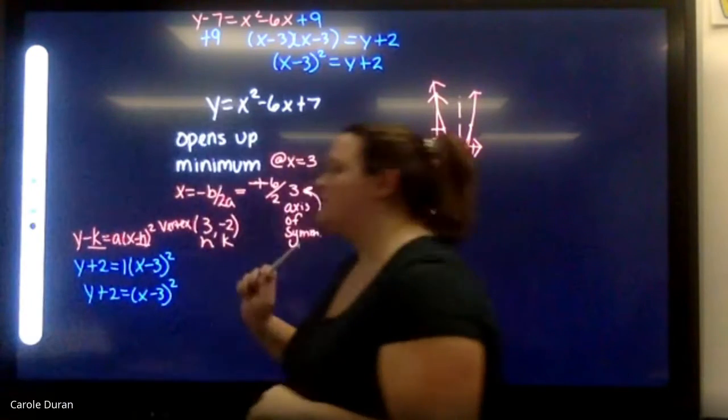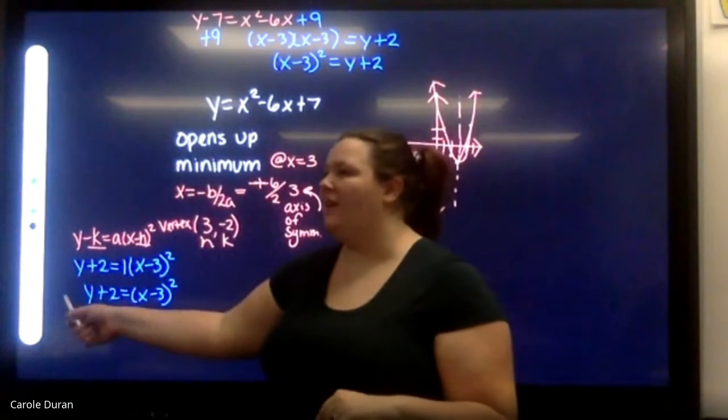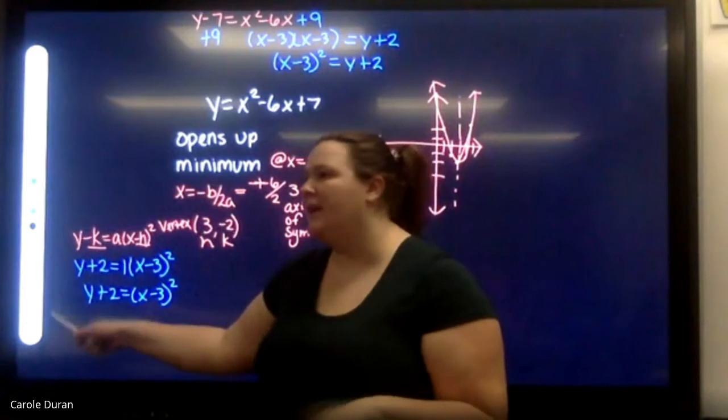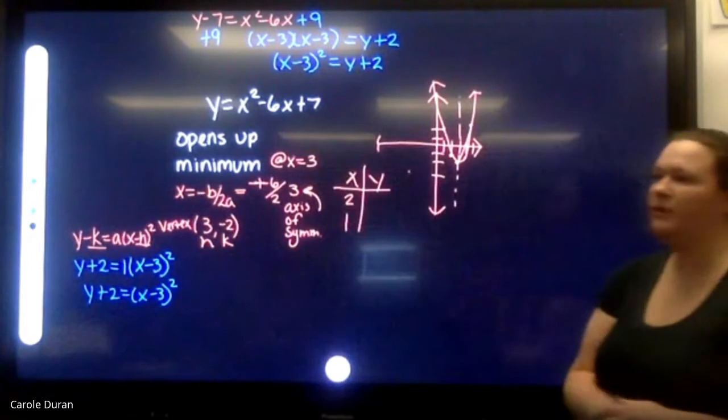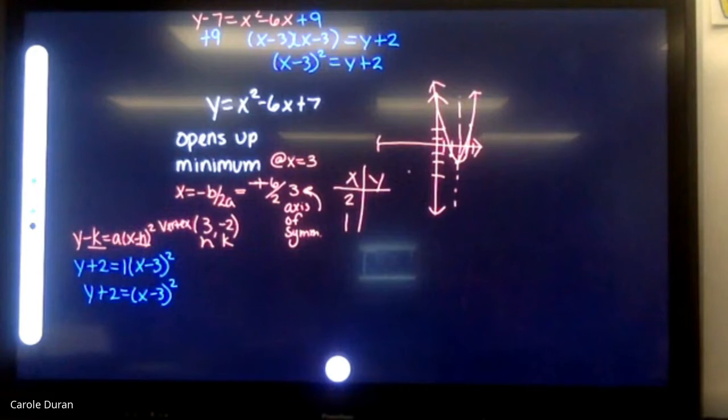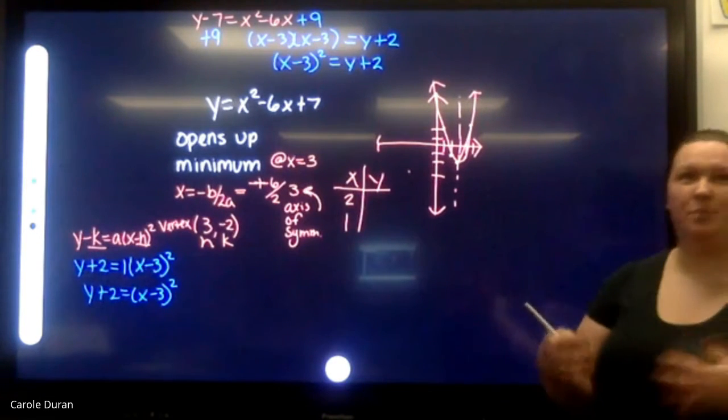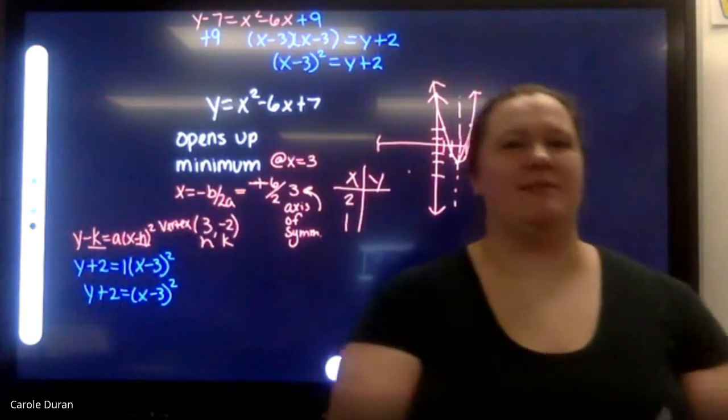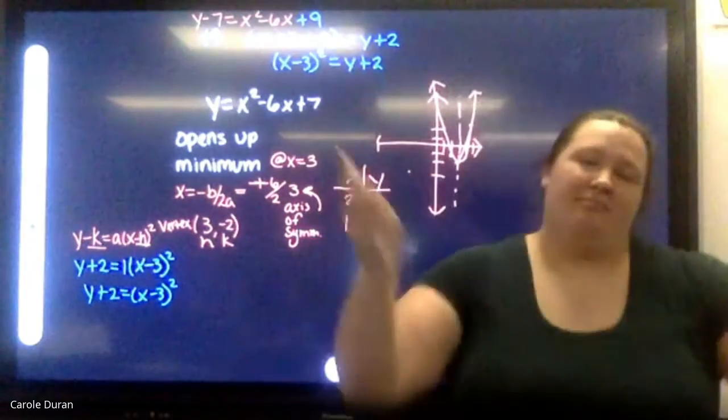I prefer, since vertex form has the number with the k, with the y, that they're on the same side, but I wouldn't count off if you just moved it over. That's okay too. I do it both ways because maybe there's a point where I say, hey, complete the square to do this, so you should know how. We have to do that on the final.